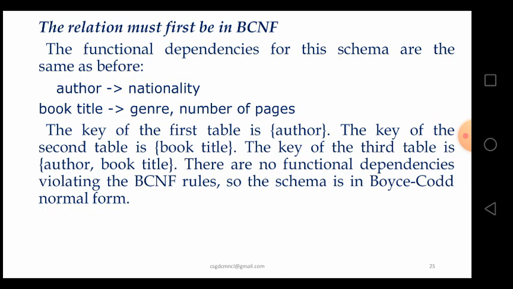The key of the first table is author. The key of the second table is book title. The key of the third table is author, book title. There are no functional dependencies violating the BCNF rules, so the schema is in Boyce-Codd normal form.